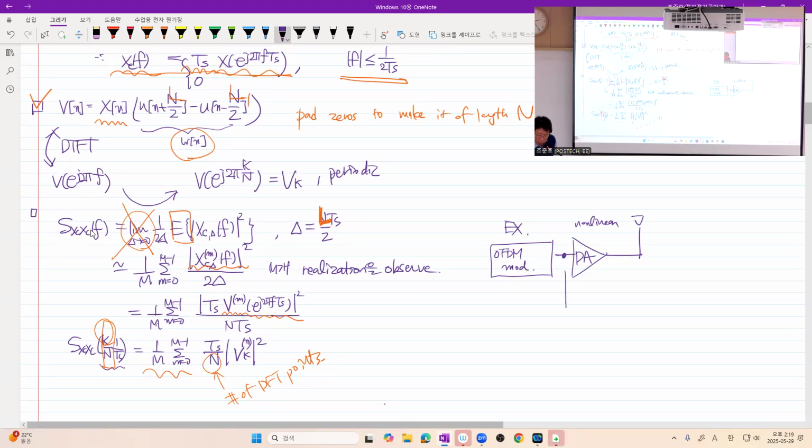At this point, without any nonlinearity or nonlinear distortion, you can estimate the PSD of the continuous time signal, continuous time random process modeling an OFDM signal mathematically exactly.